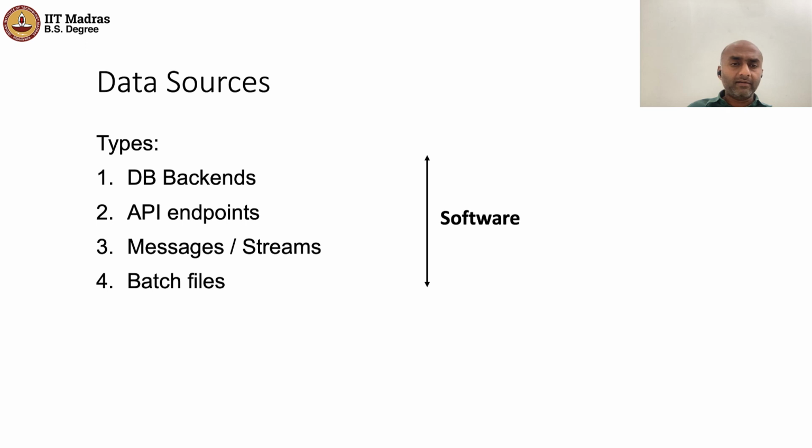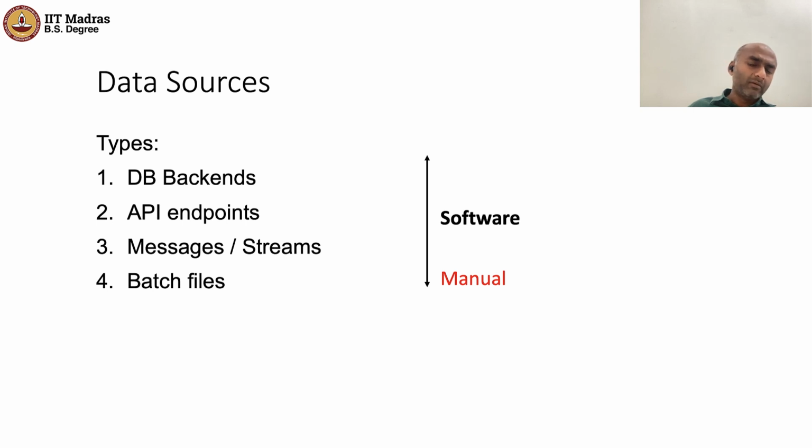A lot of software is real-time in nature, meaning it's meant for accepting data interactively within milliseconds, and also a lot of it is meant to return responses in real time. So in those cases, the software is well used to thinking about storing and retrieving data from message streams. And then finally, software produces batch files. That's also very common across the enterprise.